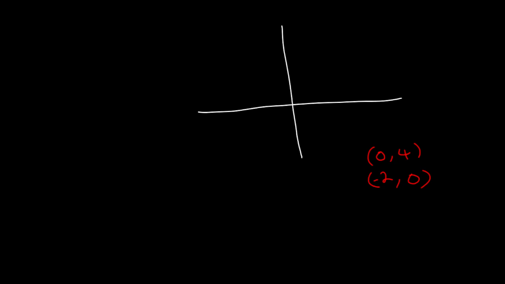So 0 and 4, we can put it somewhere there. That point is (-2, 0). Remember when I was mentioning the negative x-axis and the positive y-axis. So right now we can join the graph.